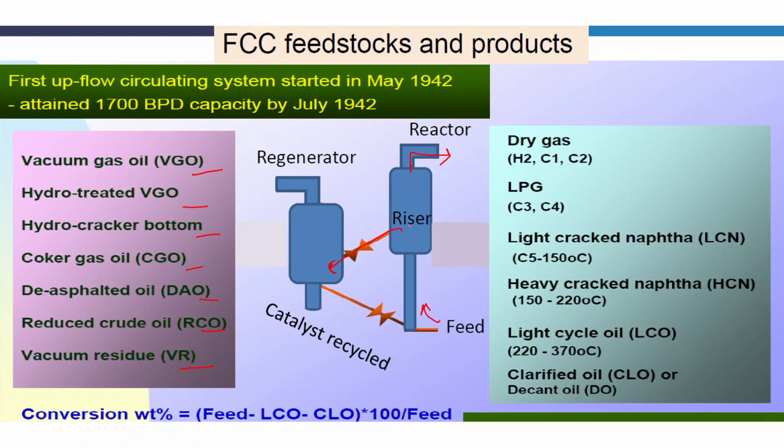That is, the catalyst after deactivation goes here, and after reactivation, it comes back to the feed for further usage. So the different products given out are dry gas, LPG, light cracked naphtha, heavy cracked naphtha, light cycle oil, clarified oil, or decant oil.